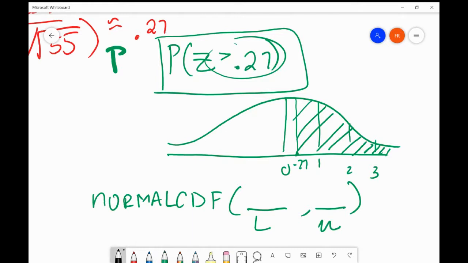So wouldn't our lower number here be 0.27? And then, since I'm going all the way over to the right, wouldn't my upper number be 9999? Yes. Right.